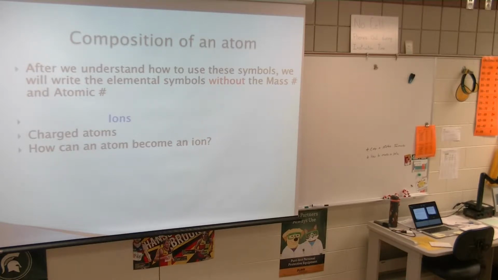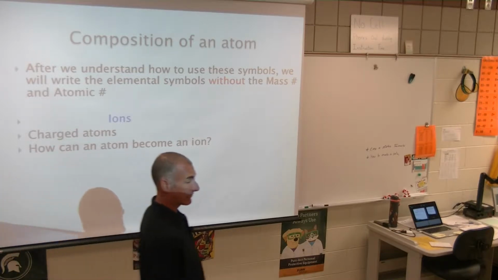The reason you took notes this way is to see if your notes match what we cover in class. If not, it gives you an indicator of how you need to take notes on your own. So back to our question, how can an atom become charged? What can it do?